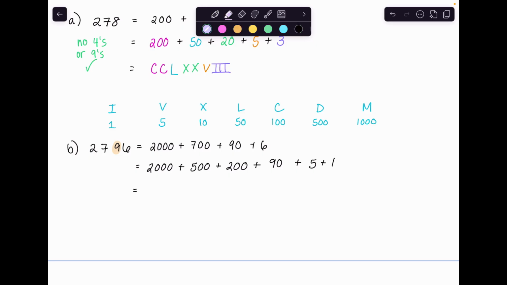So going through piece by piece, 2,000 is going to be 2 M's. Then 500 is going to be a single D. 200 is 2 C's. Now 90 is the one I have to write special.